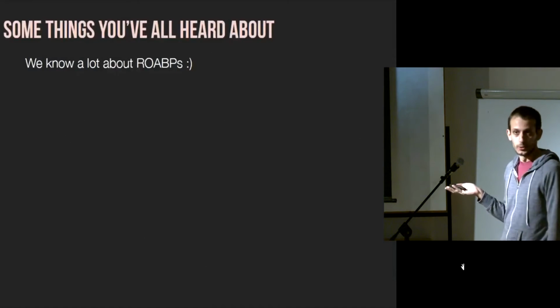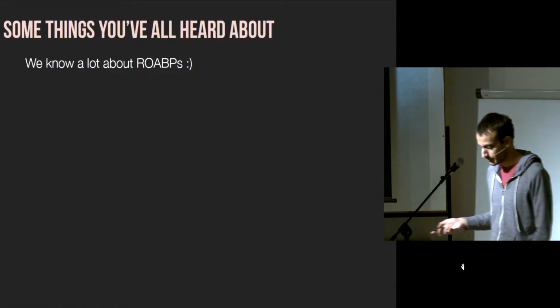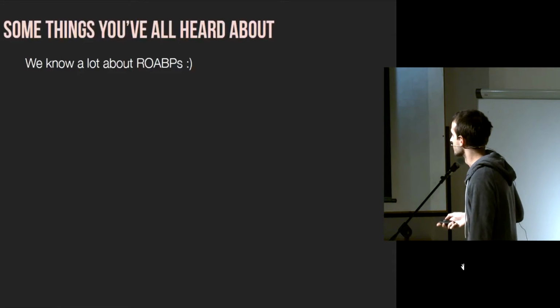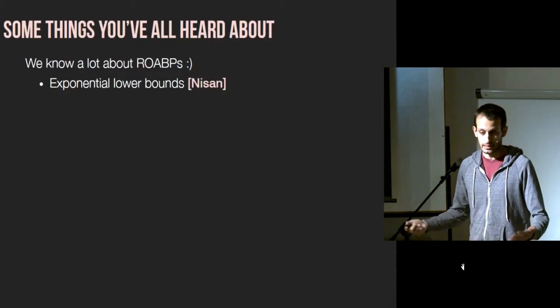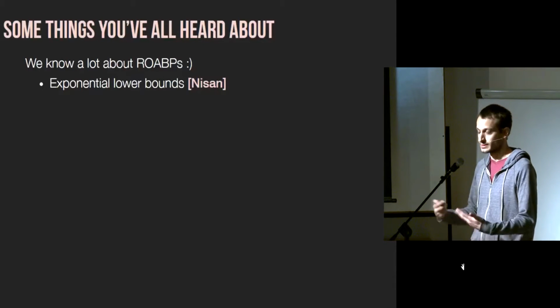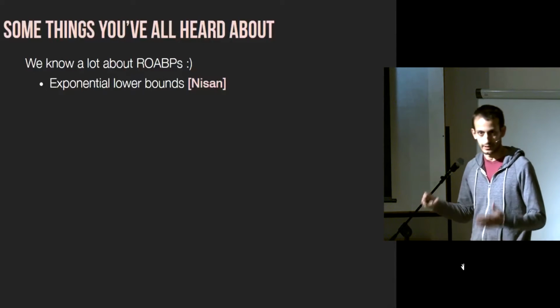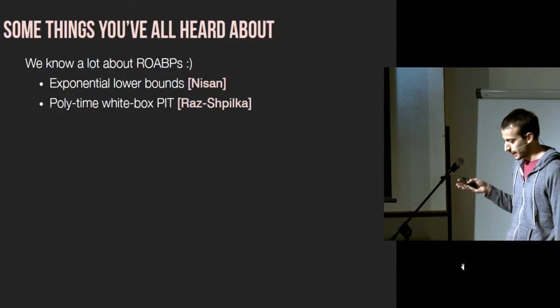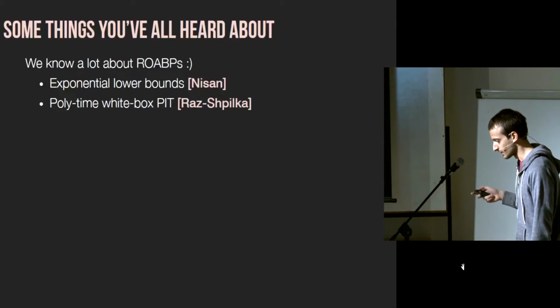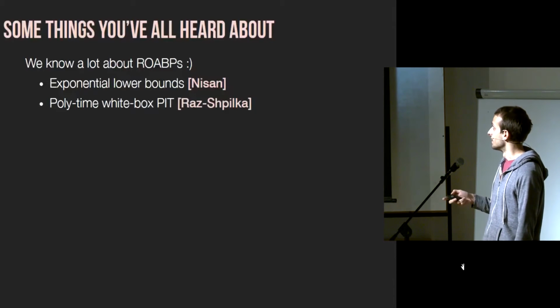All right. The good news about read-once oblivious ABPs is that we know many things by now. Just a reminder of things we've seen: Nisan proved an exponential lower bound for this model. When he introduced them, they came for free with an exponential lower bound. There's a polynomial time white box algorithm due to Raz and Shpilka.